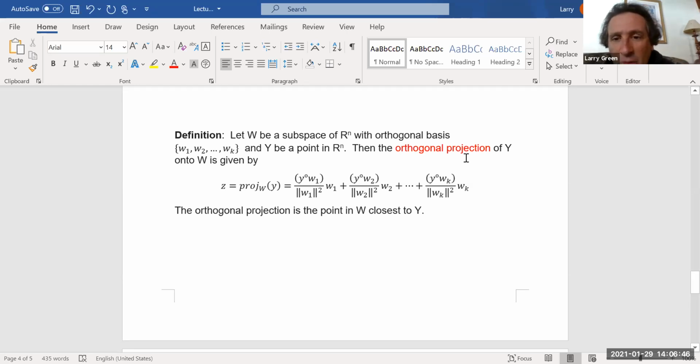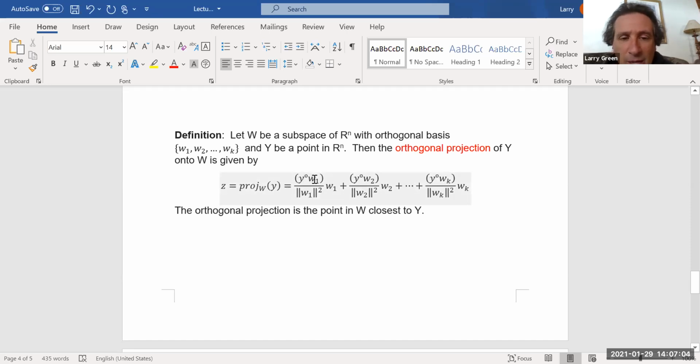Then the orthogonal projection of Y onto W. So you think about that plane and that point, and you're going to project the point onto the plane. It is Z equals the projection of Y onto W. And here's the formula.